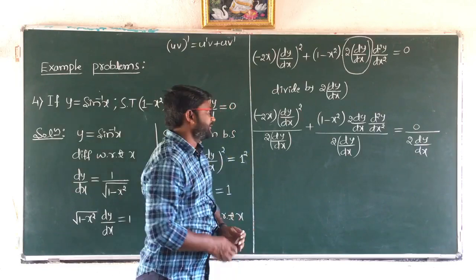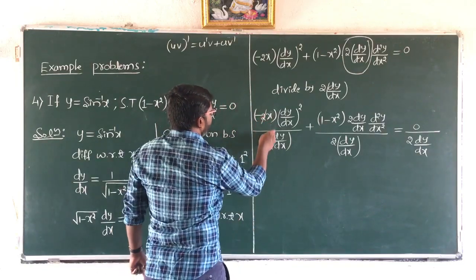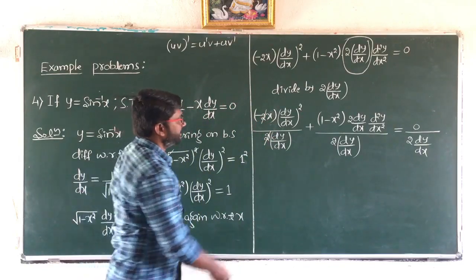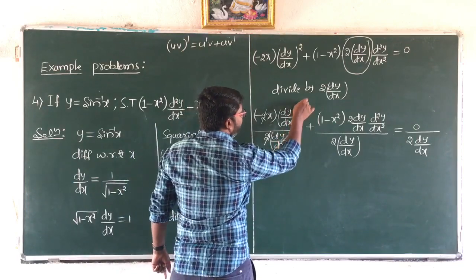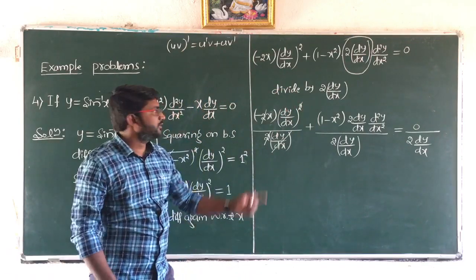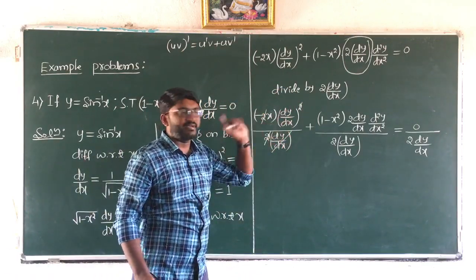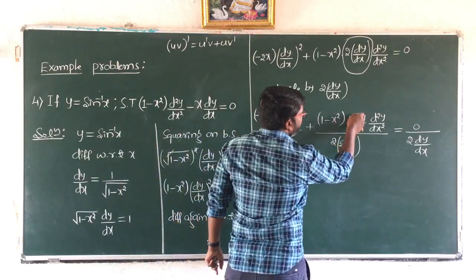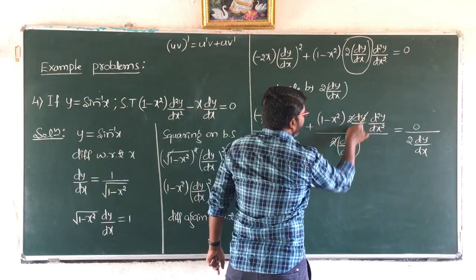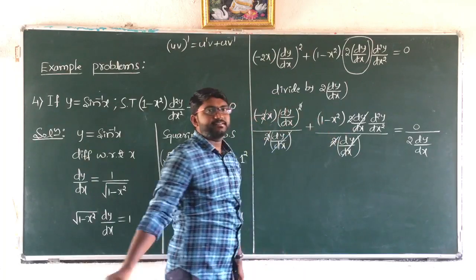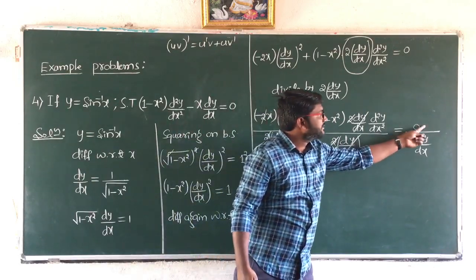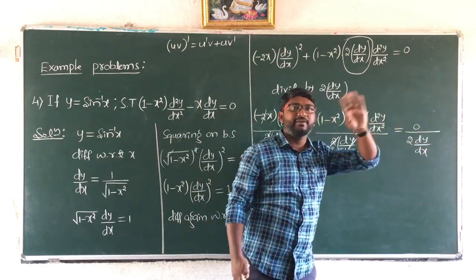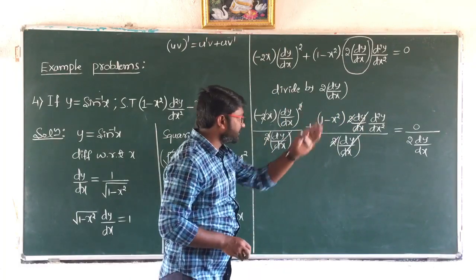So now 2 and 2 get cancelled, and here dy by dx and one dy by dx get cancelled. You have one more dy by dx in the numerator. So here in the RHS, 0 divided by anything is always 0. So write the remaining terms now.